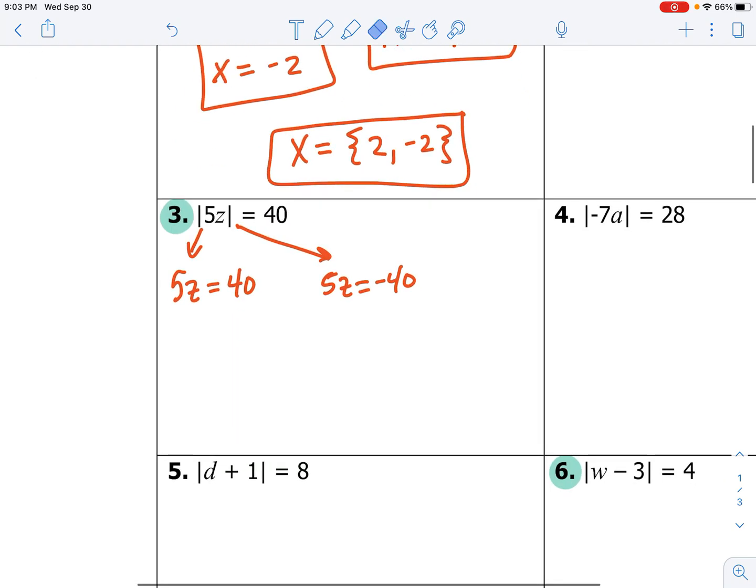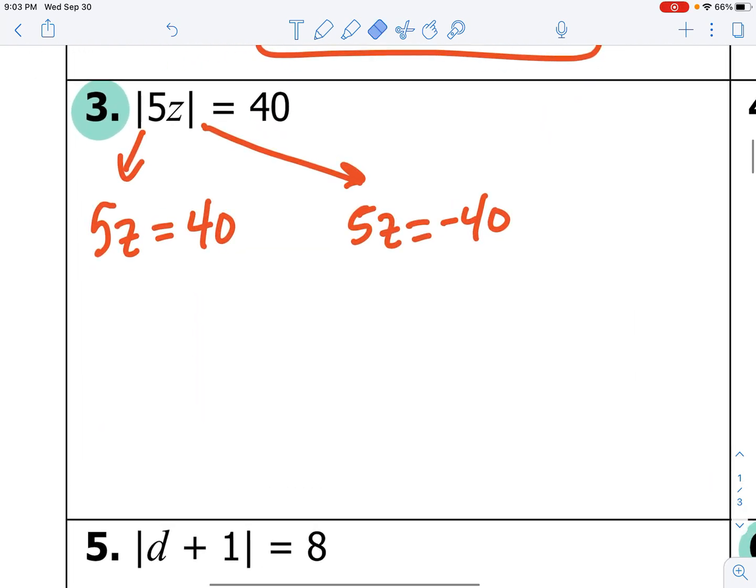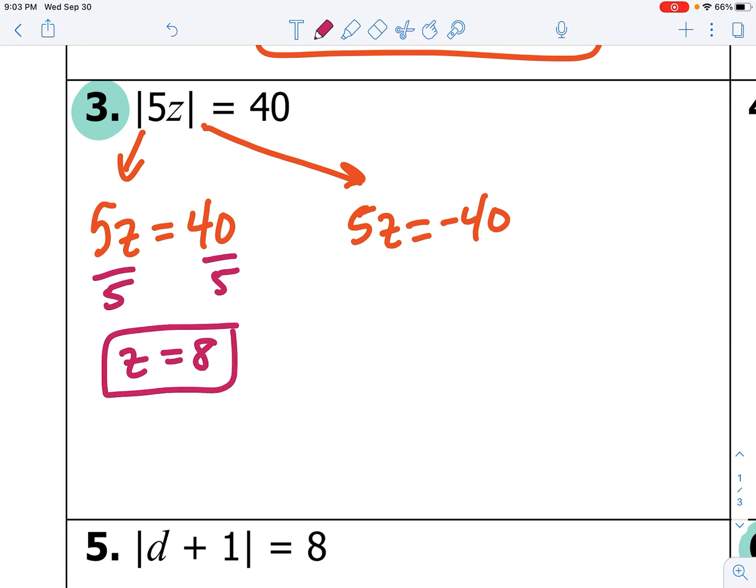So for this problem, I'm starting the exact same way that I started number 1, only this time after I make my two cases, I see that I haven't exactly solved for z yet. So what do I need to do in order to solve for z? In order to solve for z for both equations, I need to divide both sides by 5.